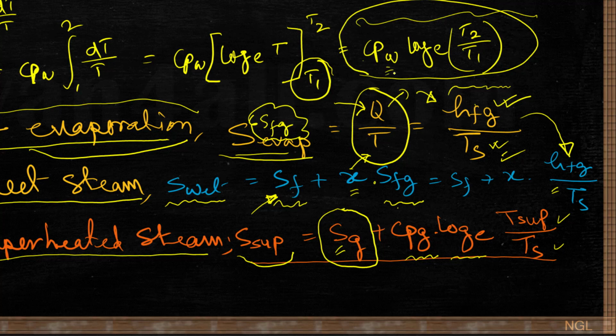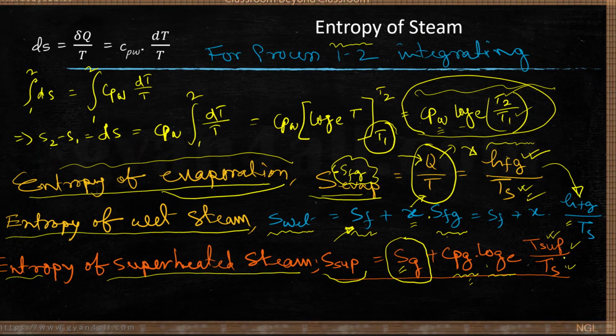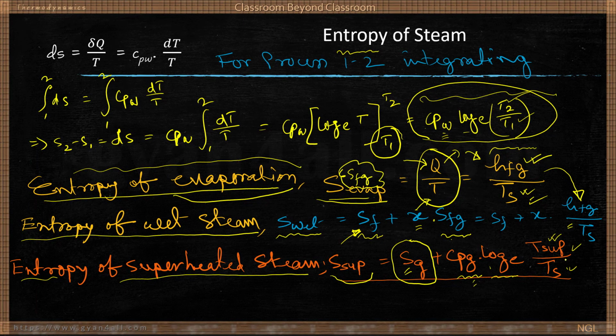Earlier it was Cpw because that was water, but this is superheated steam, so that is why we write Cpg. Log to the base e of higher temperature divided by lower temperature. Highest temperature is T sup divided by, from which temperature is it increasing? From the saturation temperature Ts. So that is about entropy of superheated steam.